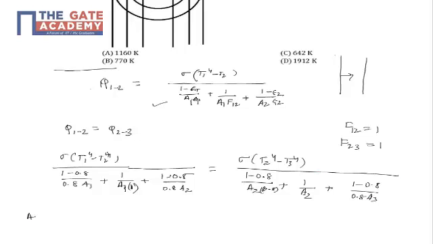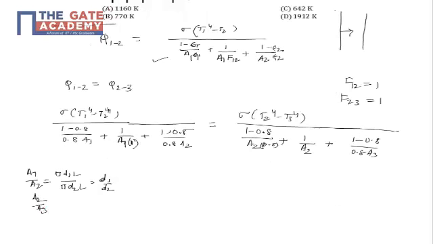Remember that A1 by A2: A1 is the lateral surface area, pi d1 L, and since the cylinders are long, it boils down to d1 by d2. Similarly A2 by A3 is d2 by d3.